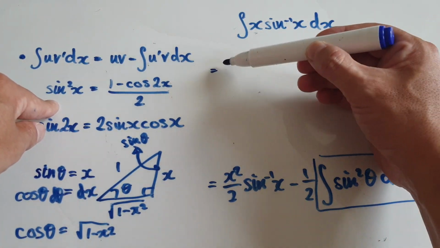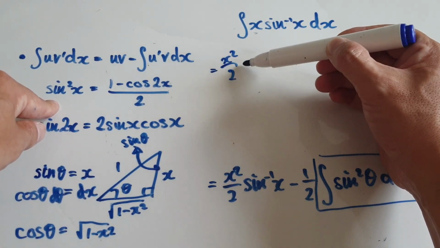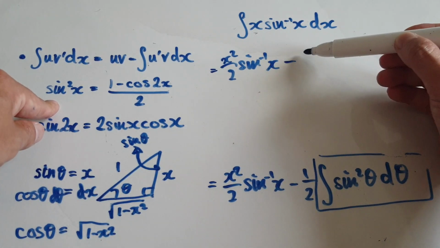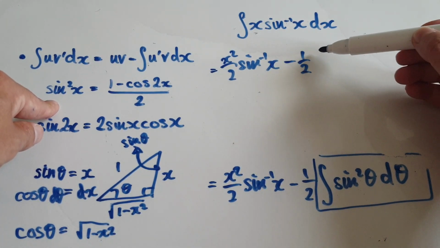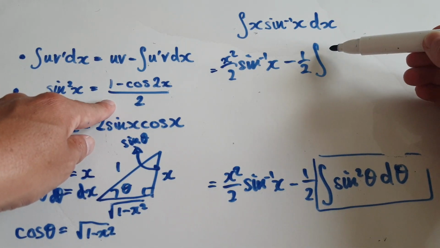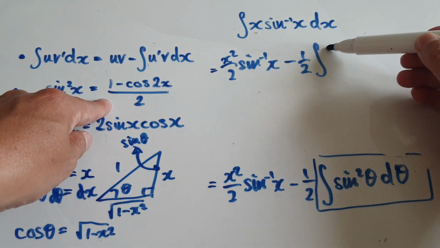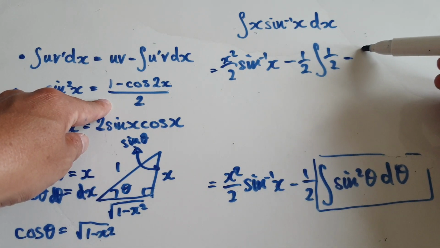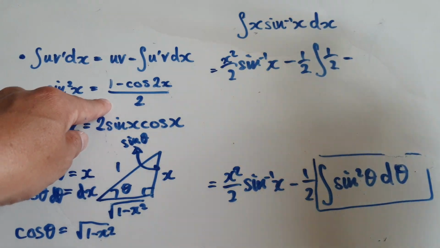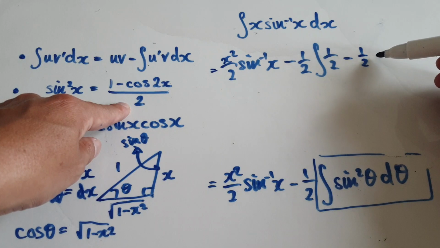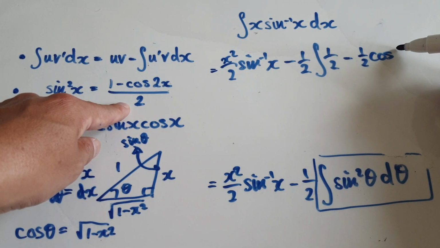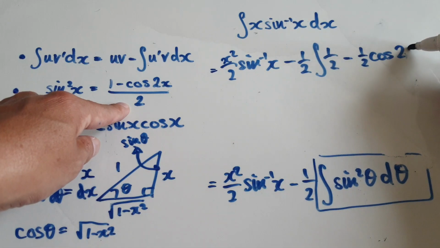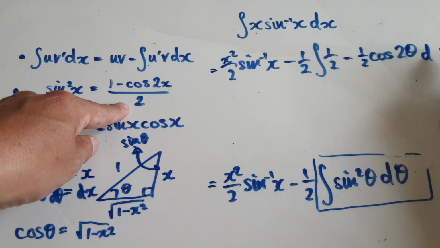So that would then become x squared over 2 inverse sine of x minus a half, and then integrate this; I'm just going to split it up. I'm going to rewrite it like this: minus minus a half cos 2 theta d theta.